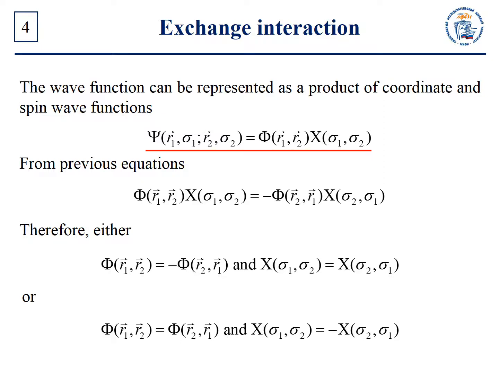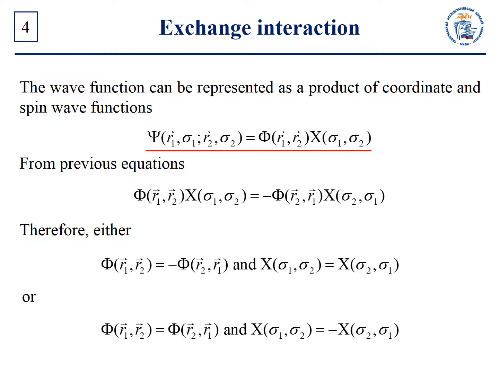It is known that symmetric and antisymmetric functions chi of sigma 1 and sigma 2 correspond to the total spin of two electrons s is equal to 1 and to 0 respectively. Hence, the function phi of r1 and r2 is antisymmetric if s is equal to 1 and symmetric if s is equal to 0.